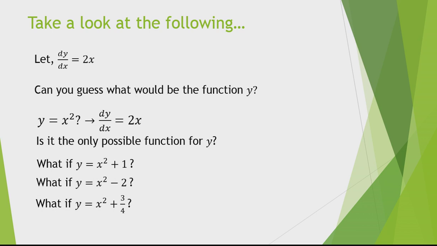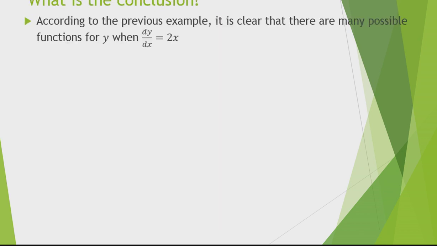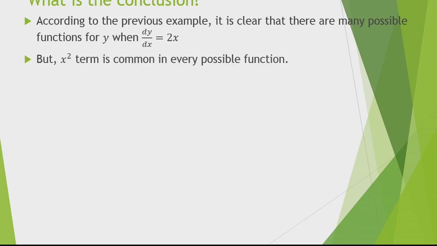According to the previous examples, you see that there are many possible functions for y when dy by dx equals 2x and we integrate it. Another special thing is that this x squared term is common to each and every expression that you guessed there. Therefore, x squared will be there in the function when you integrate 2x.